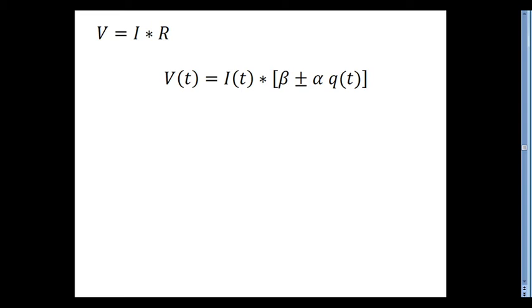If we think about the passive one, then just forget about the other part. V equals to IR, beta is your initial value of memristance, and alpha is the incremental change, maybe plus or minus, and Qt. So we are just taking the integral of It. This one is a very famous equation for the memristor, which is current control, and beta is your initial value of memristance.